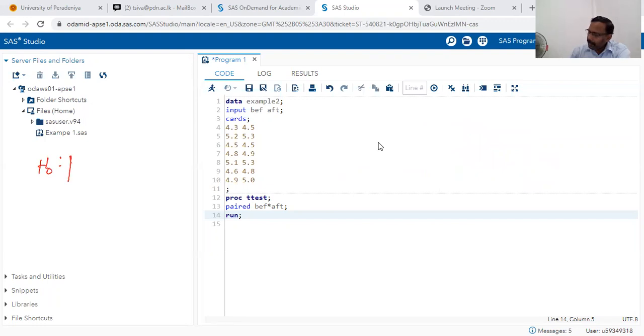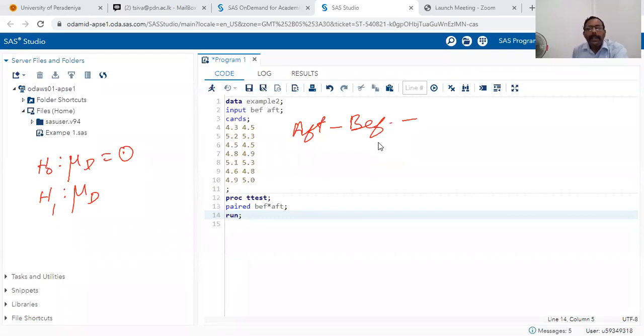So what is my null and alternative hypothesis? Null hypothesis, mu difference is equal to 0. Alternative, mu d should be, let's say if it is after minus before, and there's an effect of the hormone, should this value be greater than 0 or less than 0?